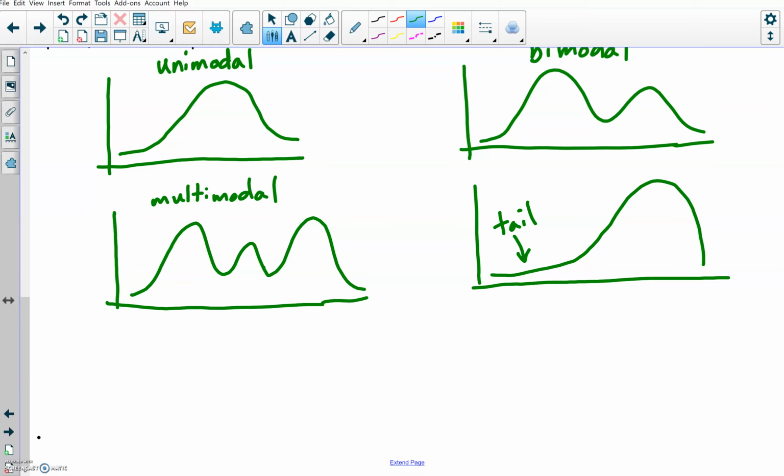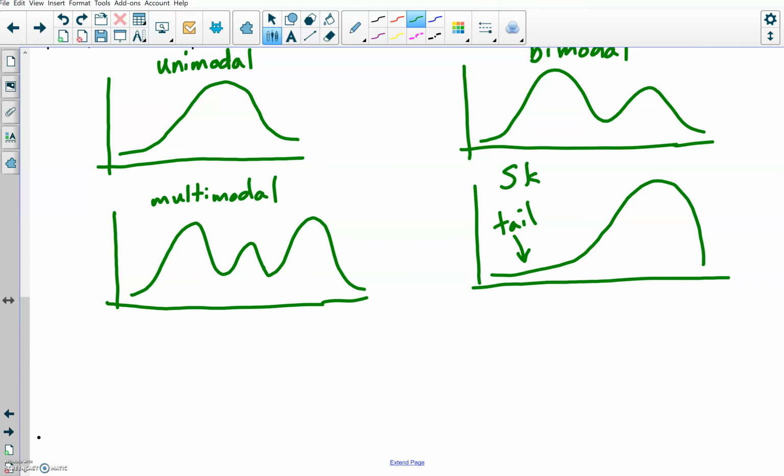So out in the tail is typically where you see the outliers. And outliers have the potential to move numerical measures that we'll see in the next chapter towards them. They pull them towards them, especially the mean. So in this case, the tail being on the left, it's going to skew the numerical measures to the left.